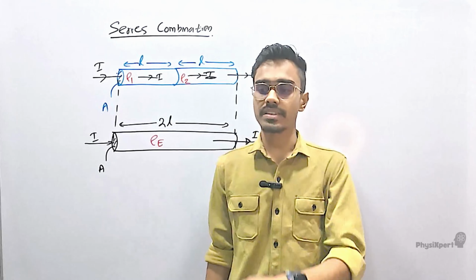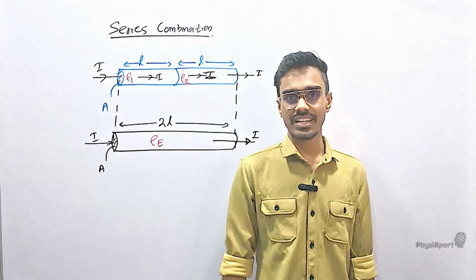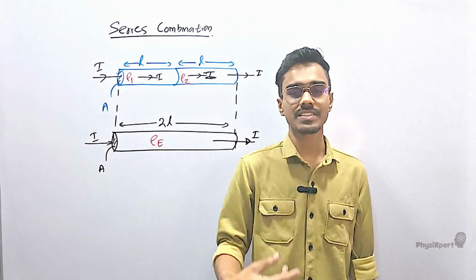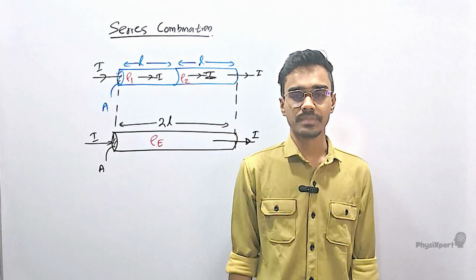As there is an equivalent resistance, there should be an equivalent resistivity as well, because according to R equals rho L over A, if there's a resistivity, there's a resistance.